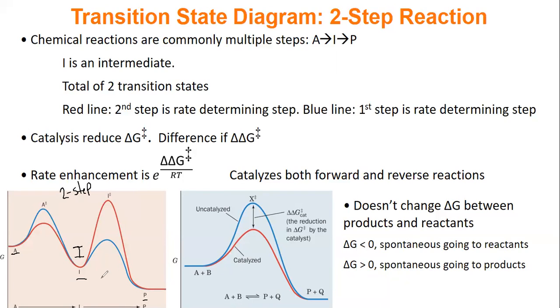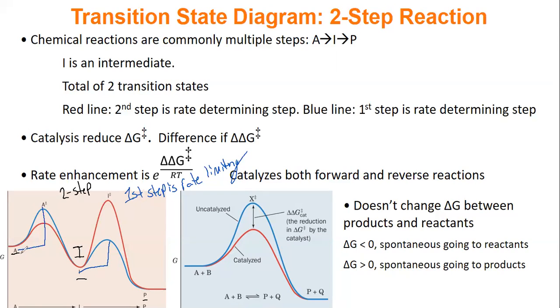These two different colors are showing you different speeds of reaction. And in the blue reaction, delta G double dagger is higher in the first step than in the second step. So for blue, the first step is rate limiting. That is, the first step takes the longest.